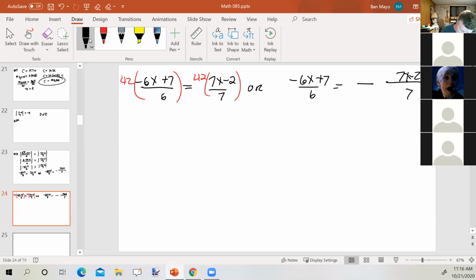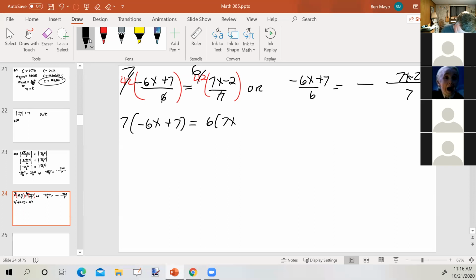Okay. So 42 over 6 is 7. 42 over 7 is 6. So I've got 7 times the quantity, negative 6x plus 7 equals 6 times the quantity, 7x minus 2, which then becomes negative 42x plus 49 equals 42x minus 12. I'm going to subtract 42x from both sides.